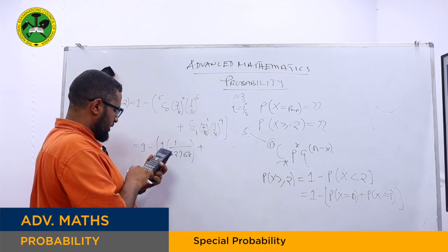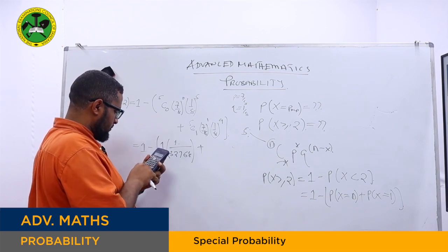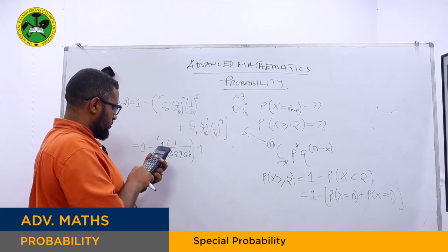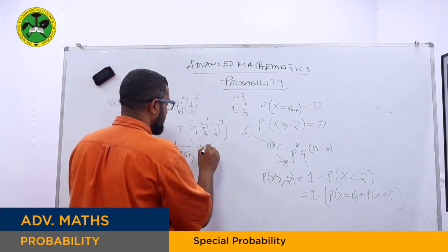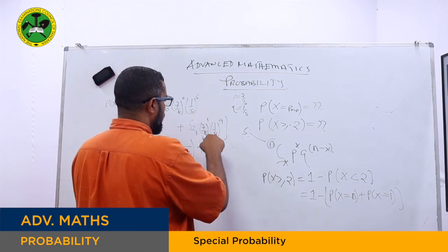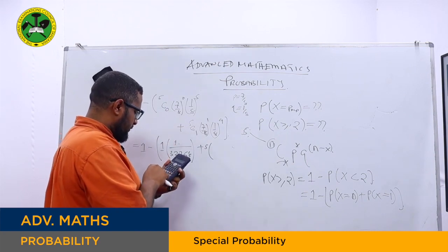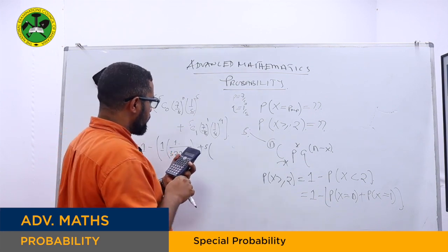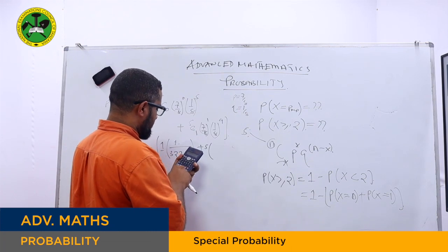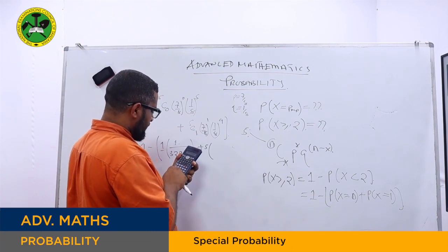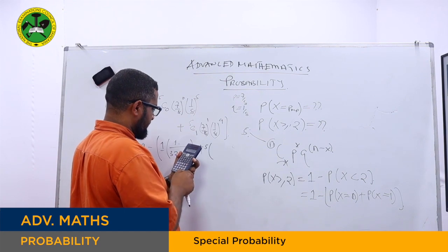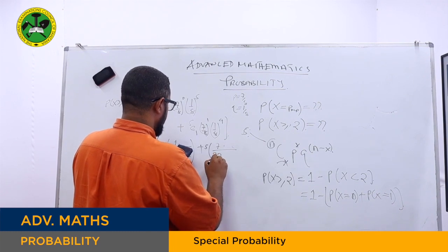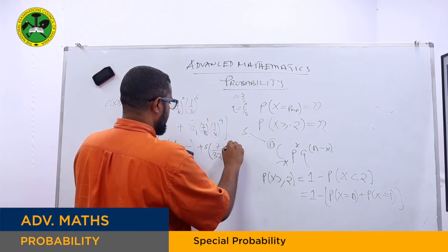5 combination 1 is 5. Then 7 over 8, and 1 over 8 to the power of 4 again. Multiply by 7 over 8, and we have 7 over 32,768.